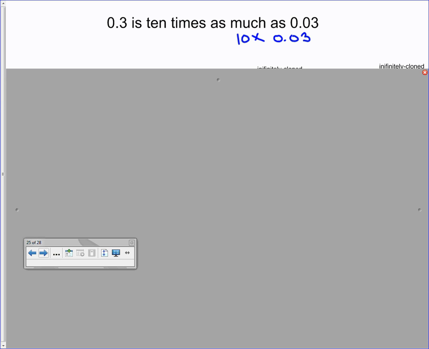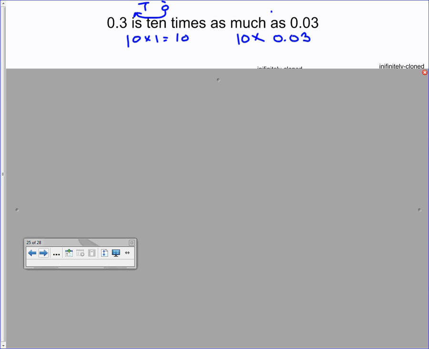Well, times 10 means I'm going to the left, because if I had 1, 10 times 1 equals 10. So my place value chart, 1s, 10s.